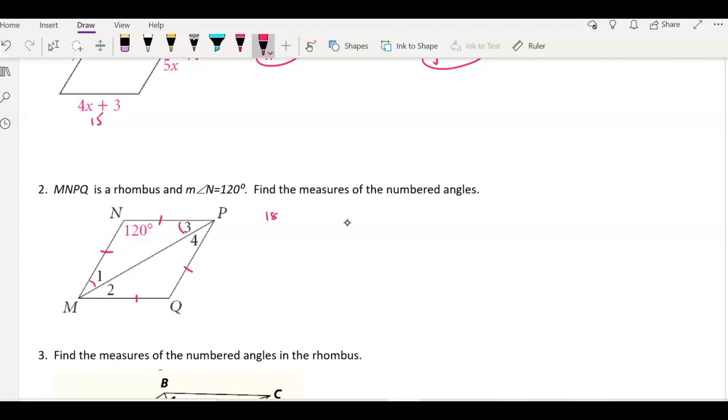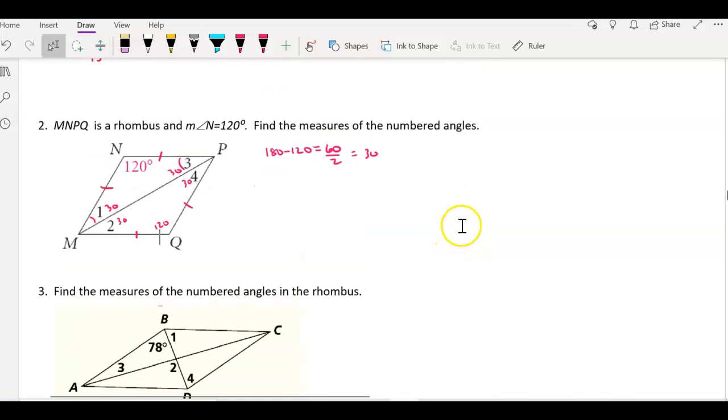So 180 minus 120 is 60, and if we divide that by 2, each of these angles is 30 degrees. And if the diagonal bisects opposite angles, we know this has to be 30 and that has to be 30. And if I wanted to, what would the measure of angle Q be? 120. So think about it using the fact that these are isosceles triangles.